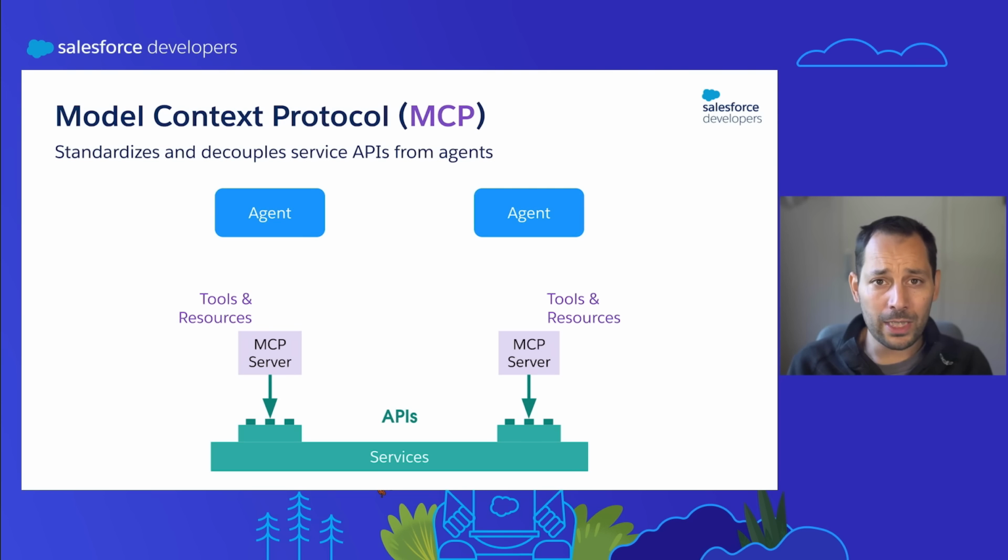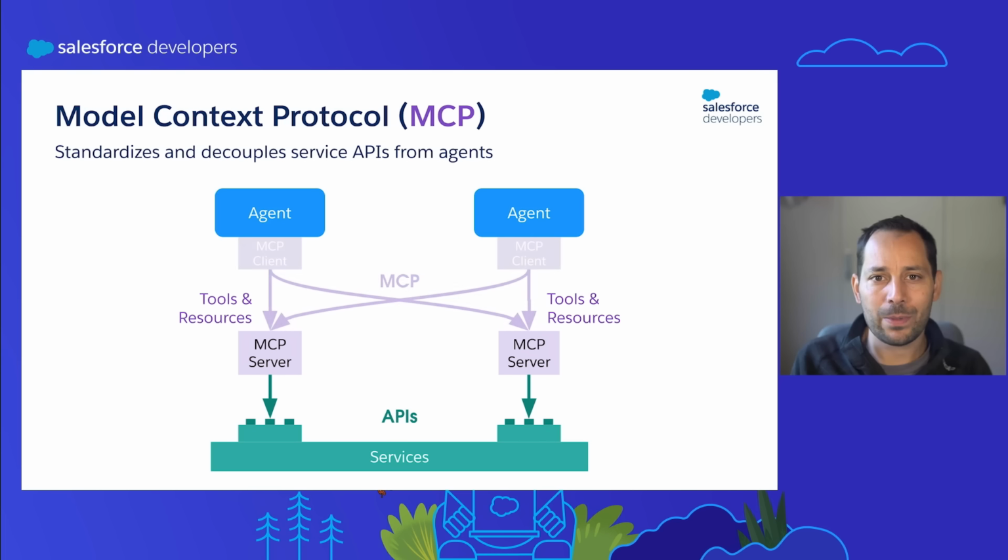So the solution here is to decouple this by using MCP. MCP here helps us standardize these exchanges by having an extra layer. We create MCP servers which access those APIs. So these MCP servers include API clients, and then they expose tools and resources that agents can consume. This means that agents only need MCP clients, and these are now portable and interoperable across multiple MCP servers.